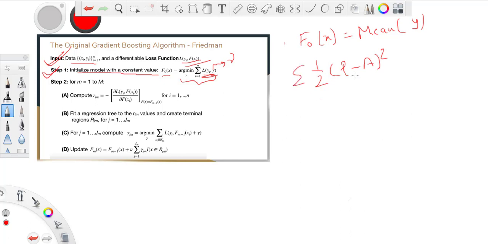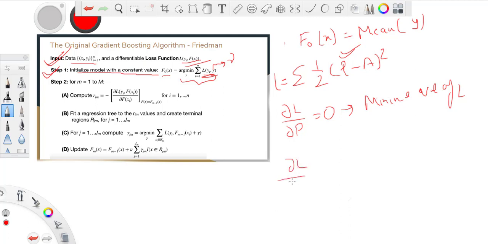So this was my loss function. Now I want to find that value of p which minimizes this overall equation. By using laws of mathematics, if I differentiate it with p and equate it with 0, this should give me the minimal value of L. So basically it will give me the value of p which minimizes L. Let's try to do that. If I differentiate del L over del p, I get 2 times 1 by 2.